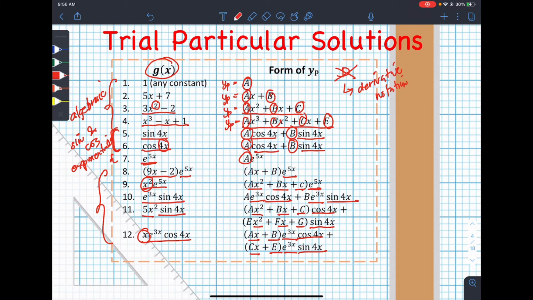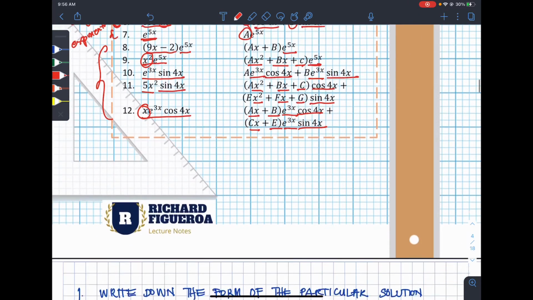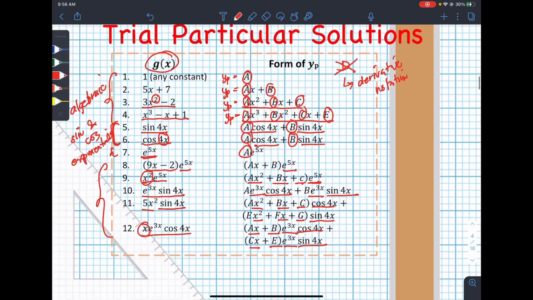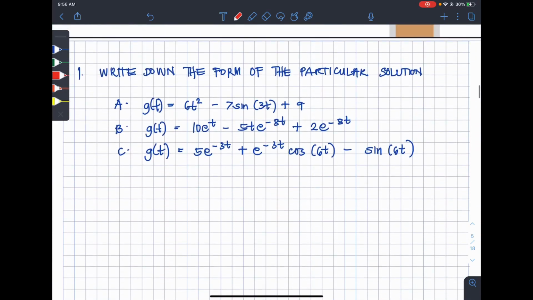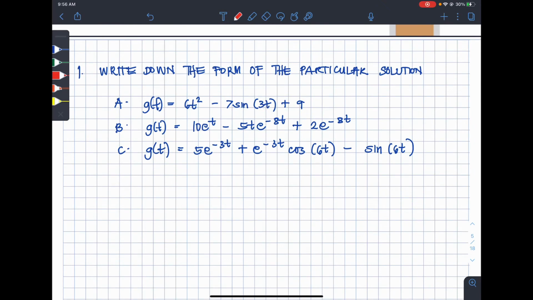So, in order for us to determine what would be the form of our particular solution, kasi kapag mali na tayo dito sa form ng particular solution natin, definitely mali na yung solution natin, and so on. Okay, so to know how to use this one, let's try to find the form of the particular solution first.